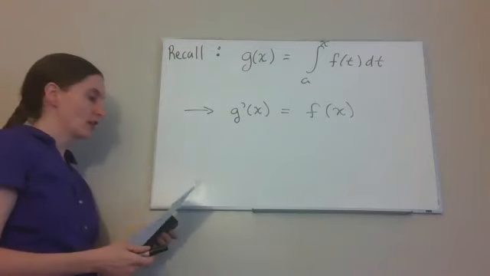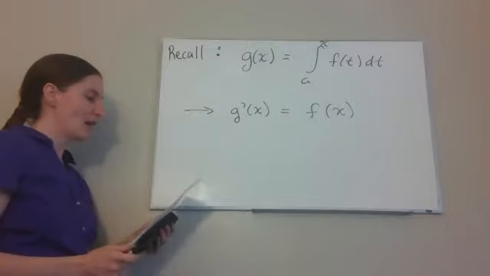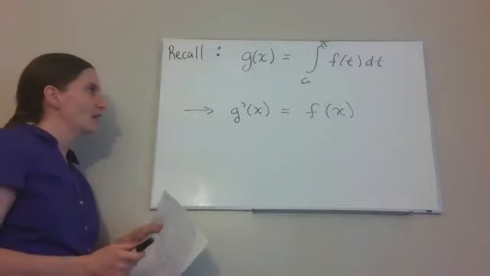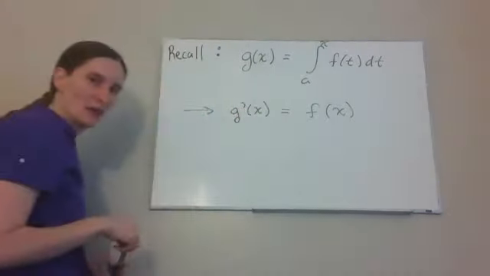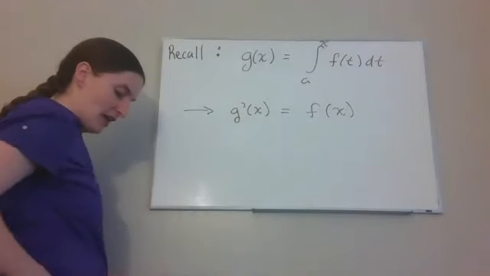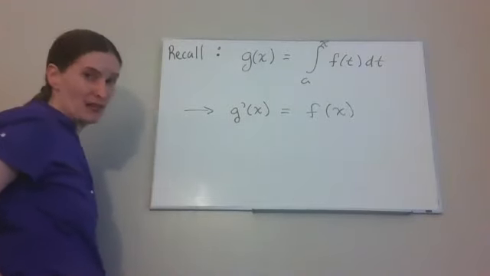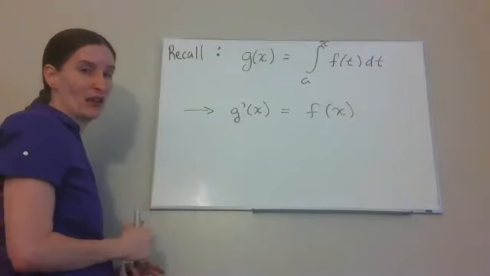Well, now we're going to learn how do we deal with this if I happen to have something other than just an x as one of my bounds of integration. And it's all going to involve kind of doing substitution, or you can think of it as a chain rule.